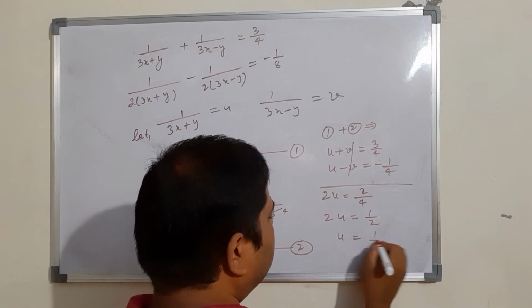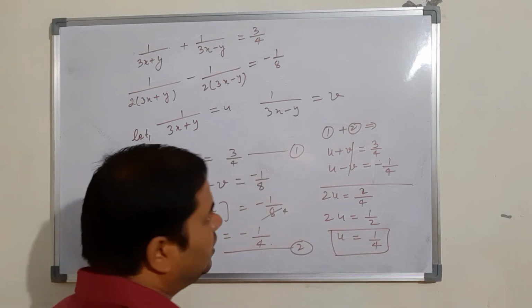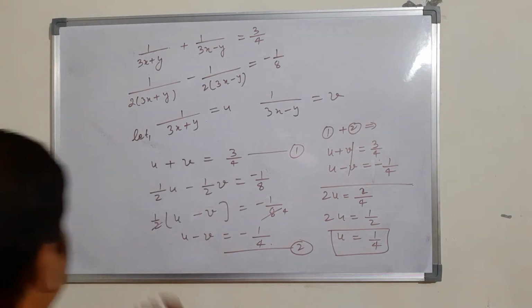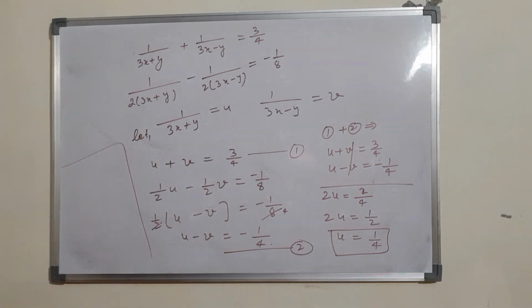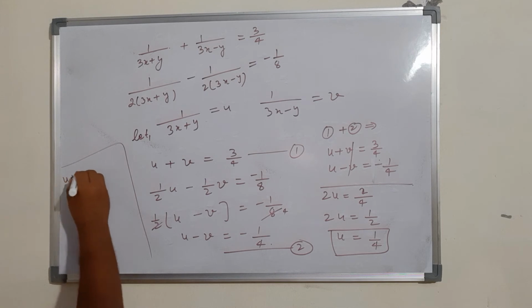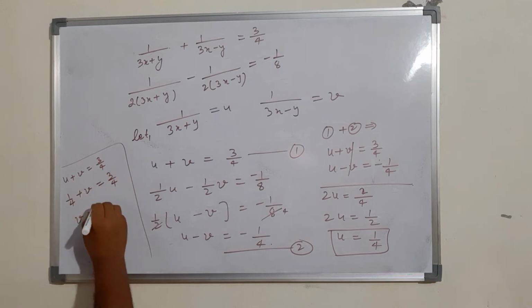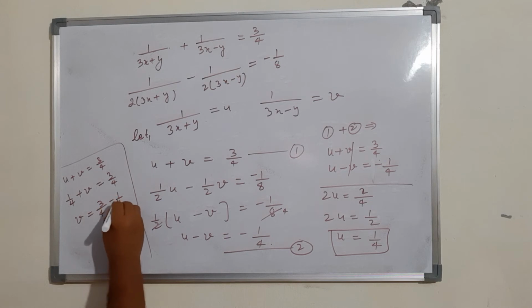So u is equal to 1 by 4. Putting this value in any one of the equations, we will get the value of v. So u plus v is equal to 3 by 4. So u is 1 by 4 plus v is equal to 3 by 4. So v must be 3 by 4 minus 1 by 4.